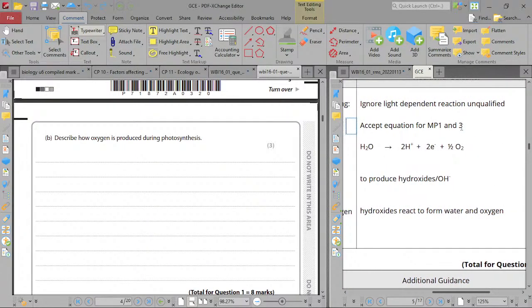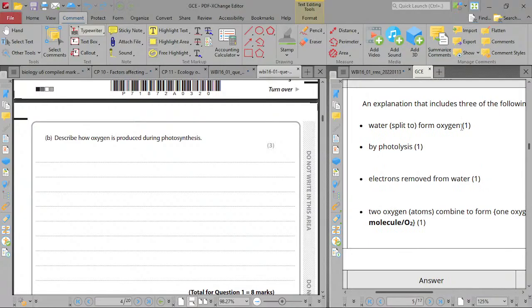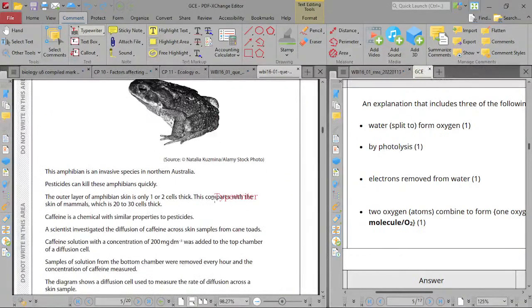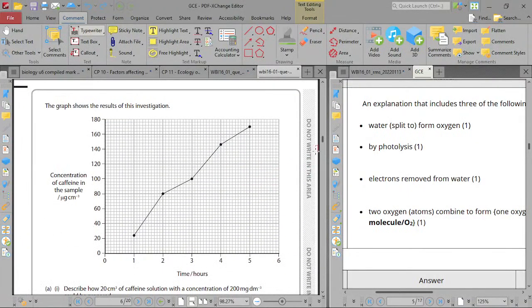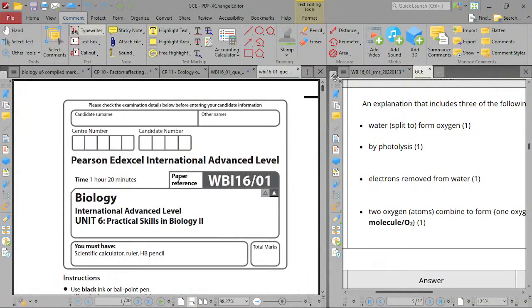So water splits to form oxygen by photolysis by removing the electrons. Okay.